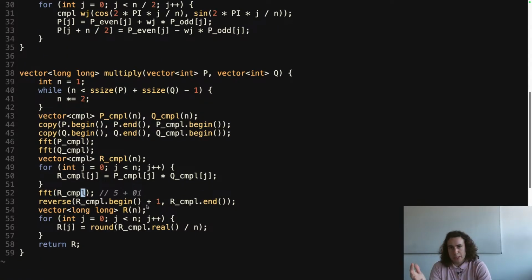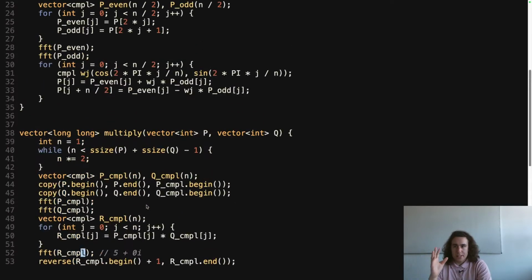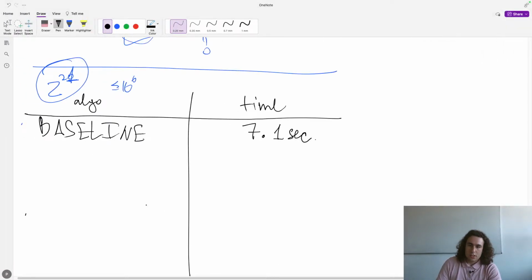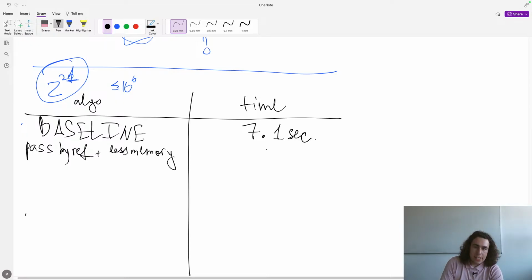We have so much less memory, so much less copying of memory. How much does this code take? Well, this is pass by reference plus less memory. This takes 4.9 seconds. Significant improvement, obviously, but still pretty long, right?